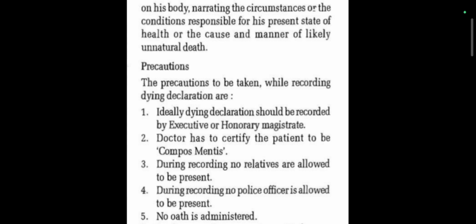So that observation or that confirmation should be included in the definition of dying declaration. So anything which states that the person has gone through some kind of trauma or any injuries which has caused the present state of the health of that person, cause and manner of likely unnatural death.